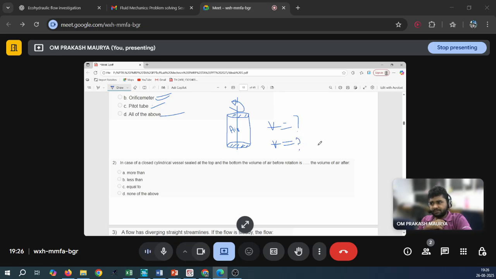So what will be the effect? Definitely, if it is tightly sealed, there is no loss of air, because here we are talking about air, not liquid. So definitely it will be equal. So remember this.